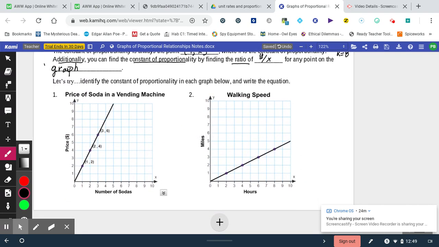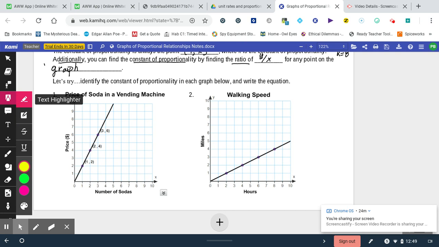Let's look at option 1. Option 1, let's see if I have an x of 1. Here is a coordinate that has an x of 1.